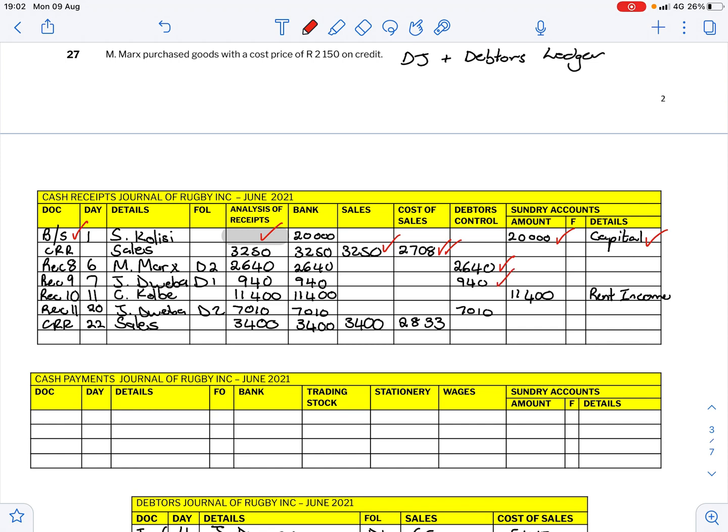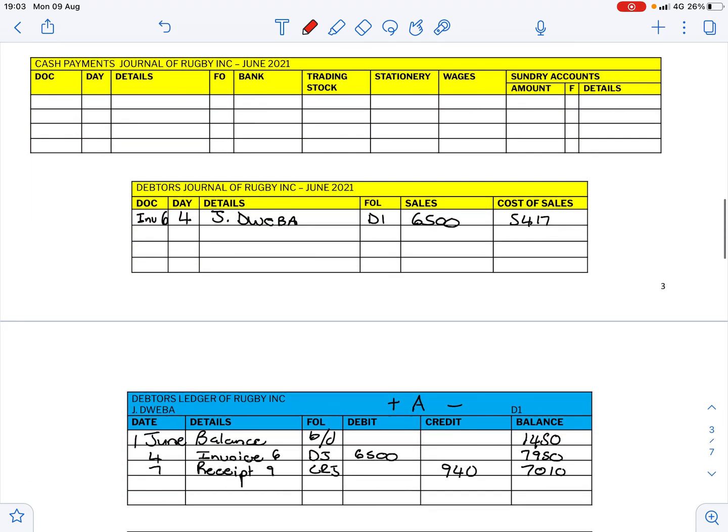We then have a mark each for our debtors control amounts, a mark under sundry for 11,400 and rent income respectively, 2 marks for 7,010 Rand because we needed to work that figure out and find it from the debtors ledger, 1 mark for our debtors control amount, 1 mark for 3,400 Rand under sales, 2 marks for 2,833 Rand, and for having your correct folios, which was D2, D1, and D1.